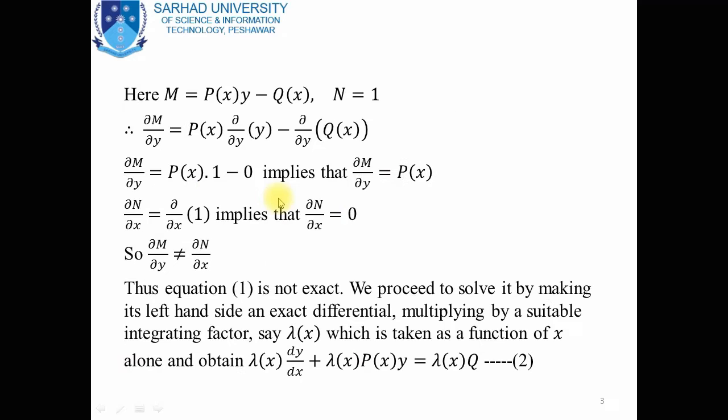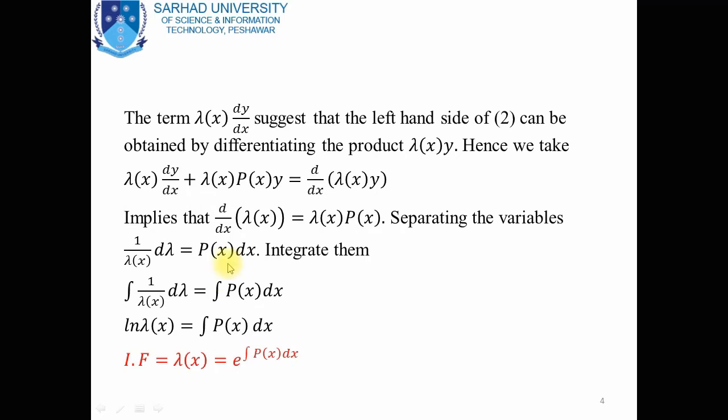This is the left hand side of equation number 2. So the derivative of lambda times y is equal to lambda(x) dy/dx + lambda'(x) y. Now this implies that the derivative of lambda(x) is equal to lambda(x) p(x).